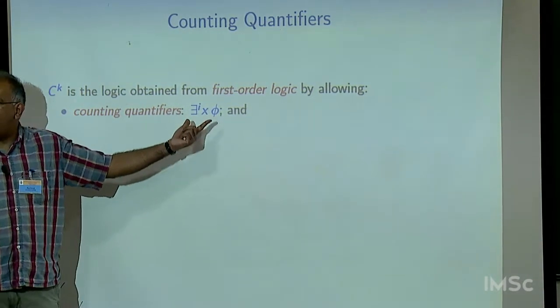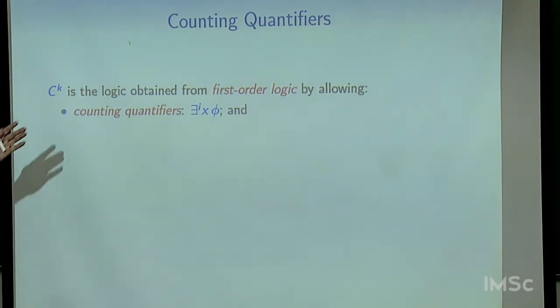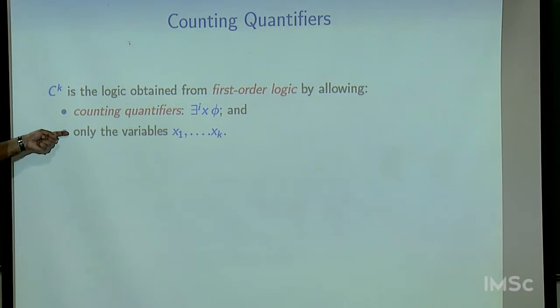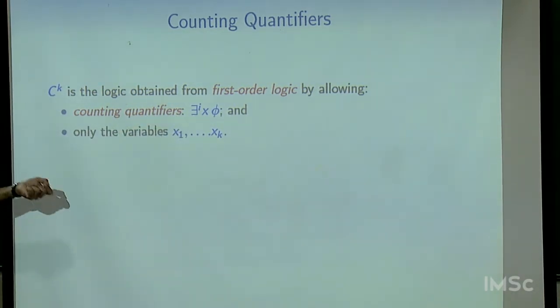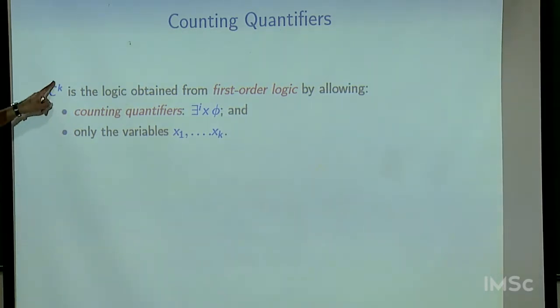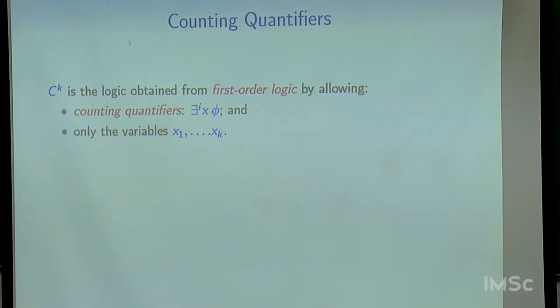Now this is not adding to the expressive power of first order logic because you can always expand it out into i different quantifiers. But we're going to combine it by restricting the number of variables to a fixed number x1 to xk to give us Ck. Note that expanding this into i different quantifiers would blow up the number of variables. So this is a fragment of first order logic, but not a fragment of first order logic with a constant number of variables. We call this Ck.